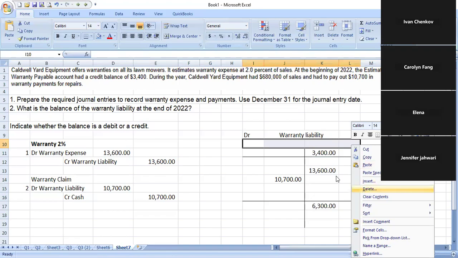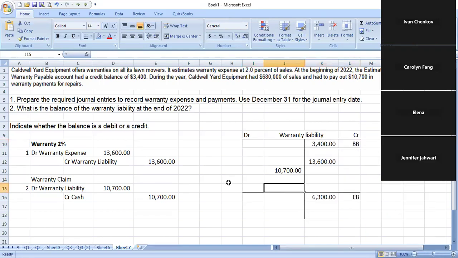Make sense? So if we have to explain the balance of the warranty of 6,300, debit or credit, obviously it's a credit balance. In that case, you have to think, if you are the manager of the company, is the estimated warranty expense enough to cover your actual warranty? Yes, it is.